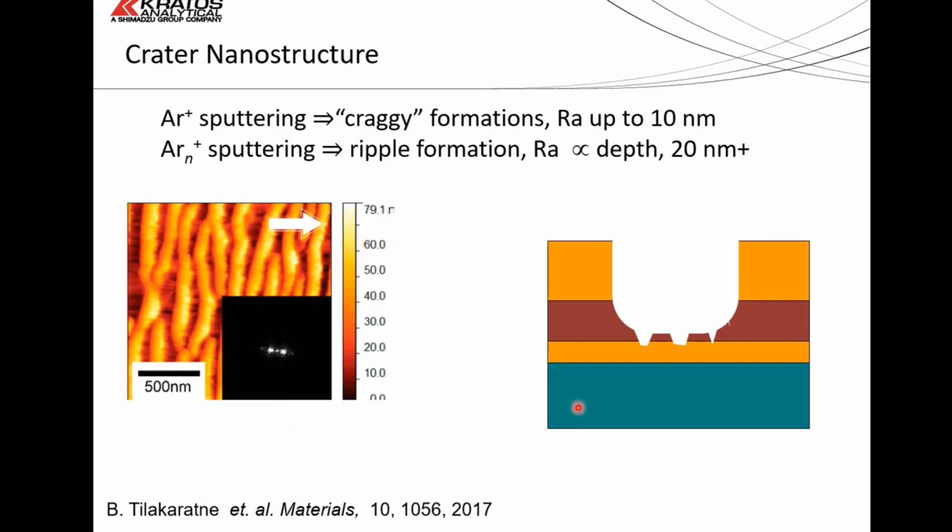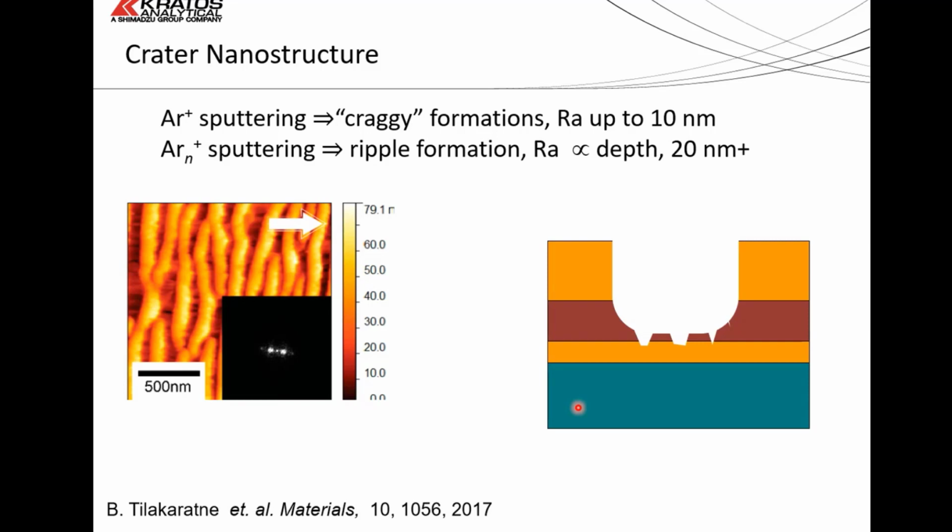experiment for your resolution. Whereas with cluster sputtering, what you'll get is ripple formation. Interestingly, you do see ripple formation with noble ion sputtering, but only at higher energies or really, really low energies. And these ripples are quite pronounced, and the RMS roughness does tend to scale, I believe, with depth. Although I've not seen any data for going really, really low, how rough it can get.